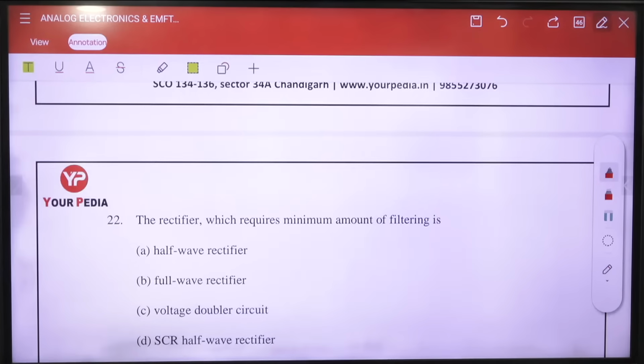Which rectifier requires the minimum amount of filtering? That will be the full wave rectifier.